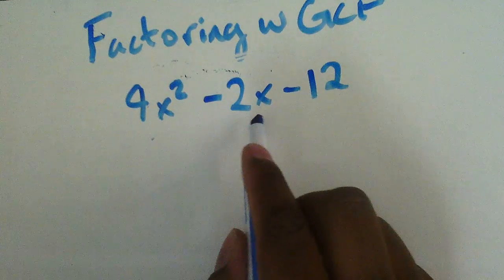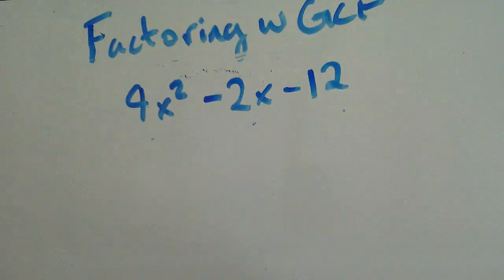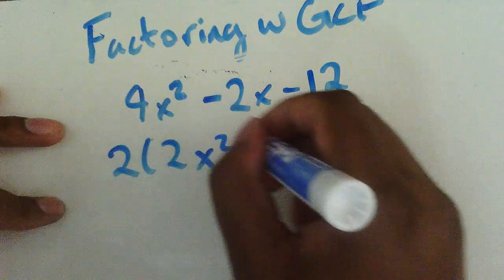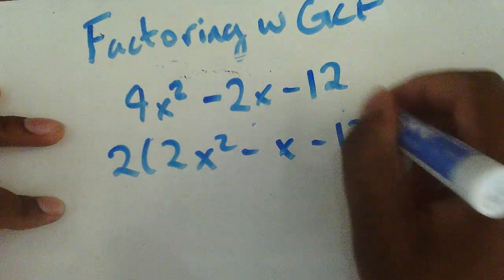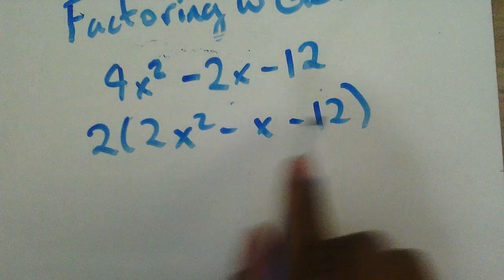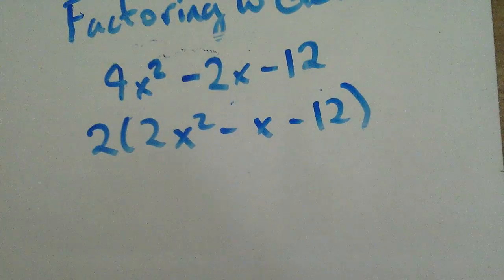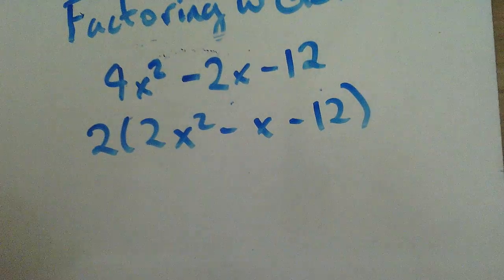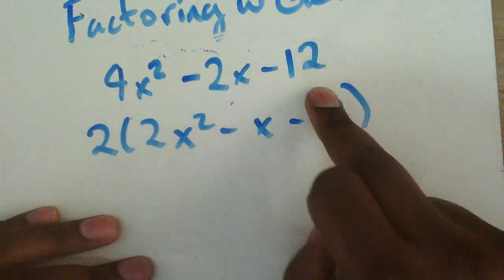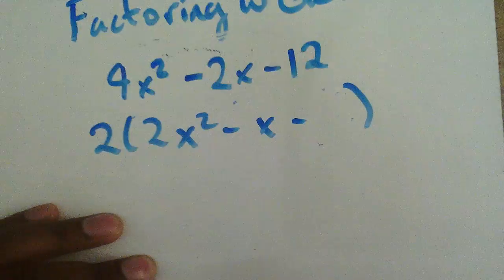I need to find the number that divides all three of these. Well, that would be a 2. I'll be left with 2x squared minus x minus 12. All right, now I can't factor any further. I wish I could get rid of this 2, but I can't. So I'm going to have to use my a not equal to 1 tricks and skills, which means, ooh, I made a mistake. I forgot to factor 2 out of this 12, so be very, very careful.